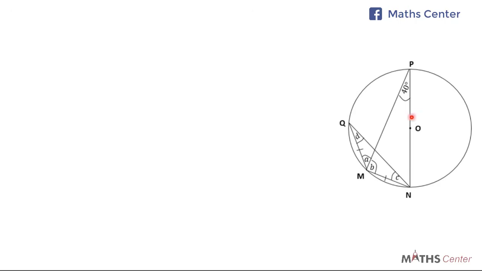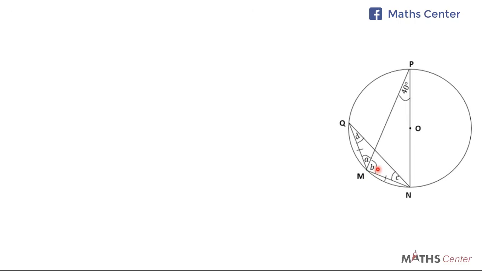So here we have point O and the line PN is passing through O. So what that means is that the line PN is the diameter. We know that the angle created at the circumference by the diameter will be 90 degrees.